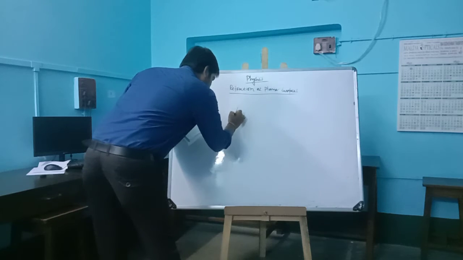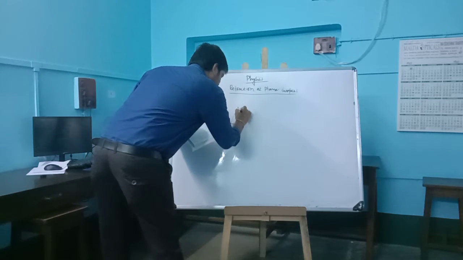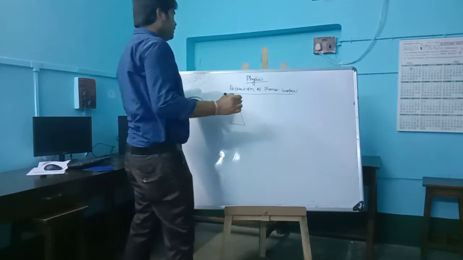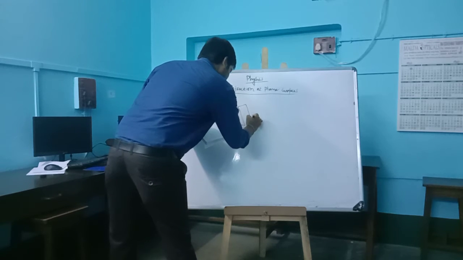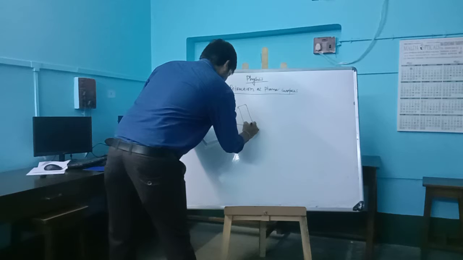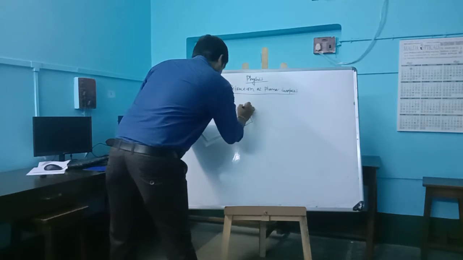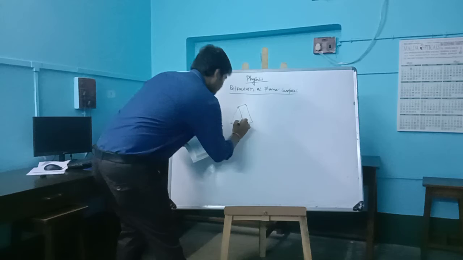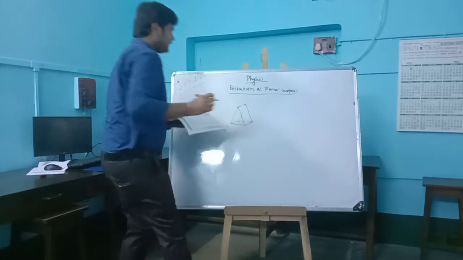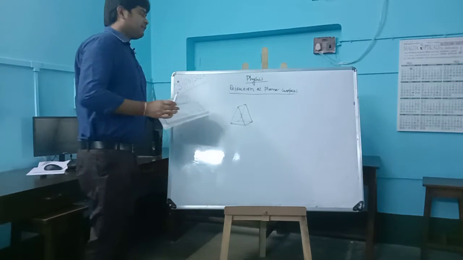Look here, I am trying to draw a prism with five surfaces. This is a prism. There are five surfaces here.